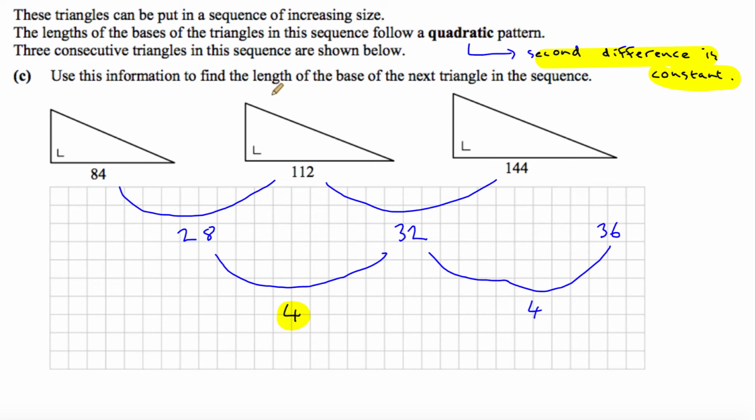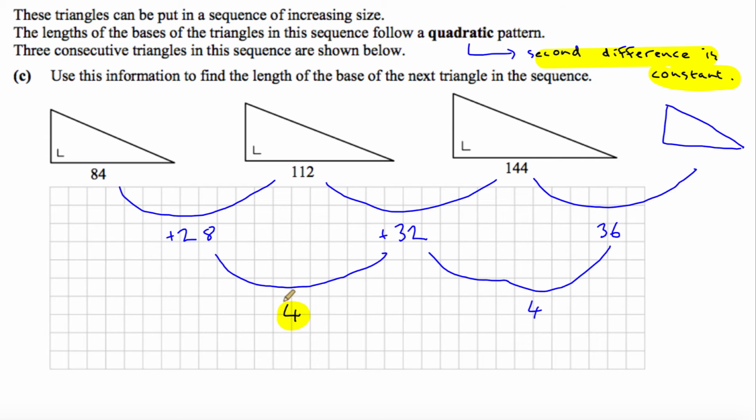And then if we're trying to find the length of the base of the next triangle in the sequence, if you can imagine we're trying to find this next triangle over here, well, to find that length, it's the 144 plus the 36, just like here was 84 plus 28 is this, 112 plus 32 is 144.